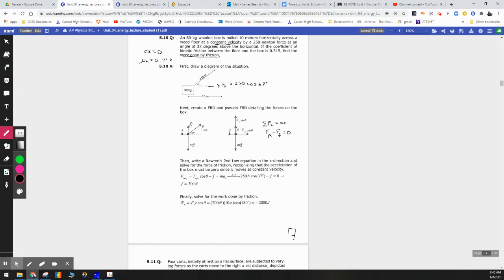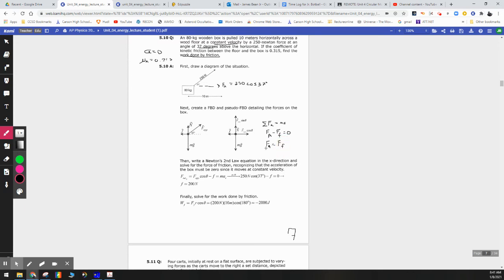We have 250 cosine of 37 degrees going this direction, and we also have a force of friction acting in the opposite direction as well. So what's the work done by friction? Let's take a quick look here and see what we got going on. Here we have the applied force equals the force of friction.